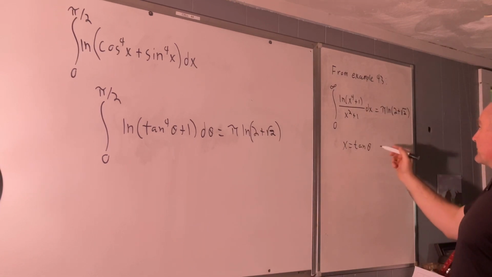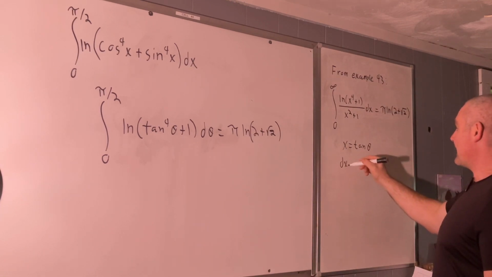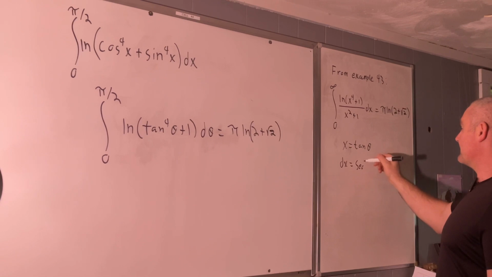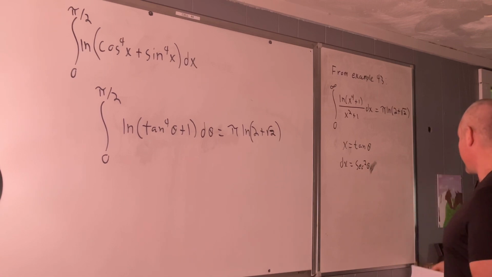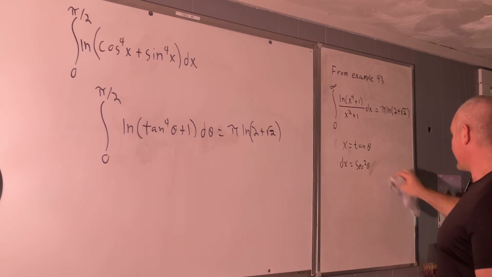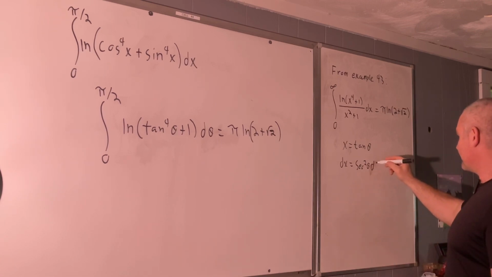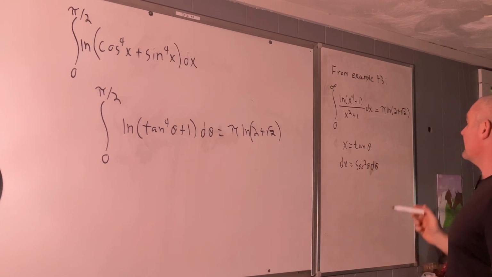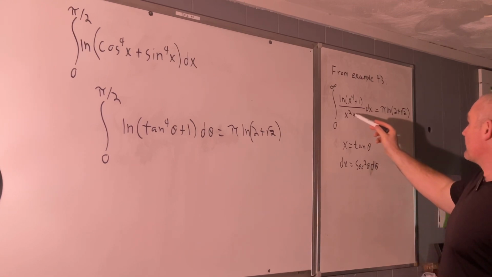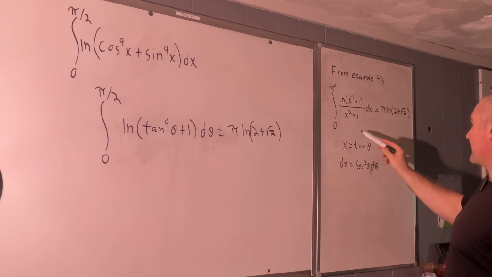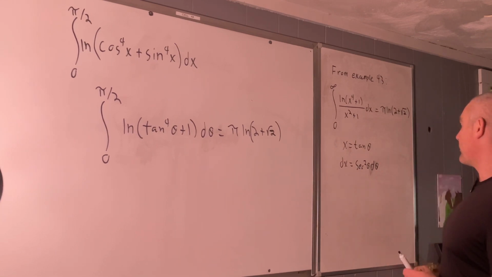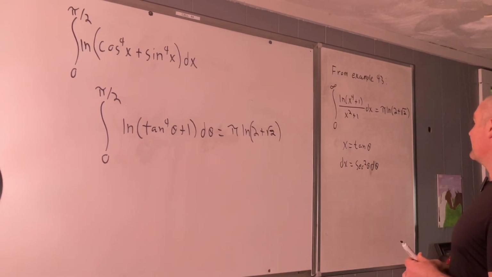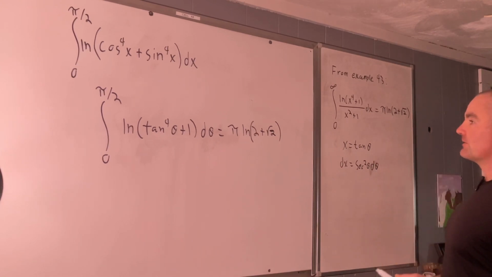Because if we make that substitution, we get dx is equal to secant squared theta d theta. And this x squared plus 1 would become tangent squared theta plus 1, which is secant squared theta, which would cancel out with our secant squared theta right there. So that's what you get.